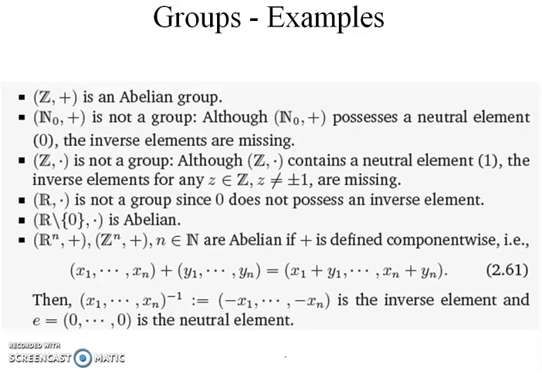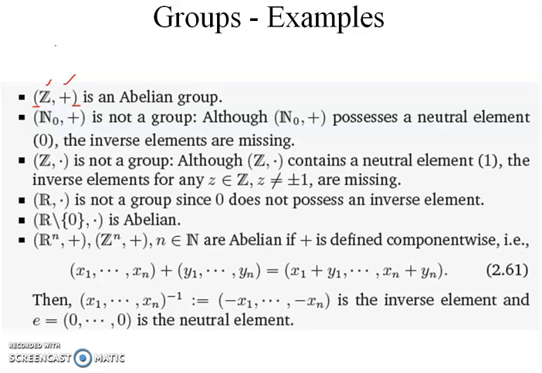Then there are some more examples like this. First we can see Z comma plus. Here some notations are there in order to represent the real numbers, natural numbers, complex numbers, like that. In order to form a group, you need to enclose the set and the operation within brackets. Some texts follow angle brackets and some follow parentheses.